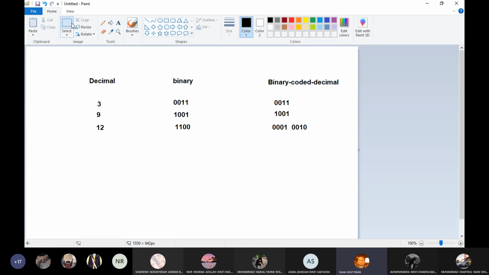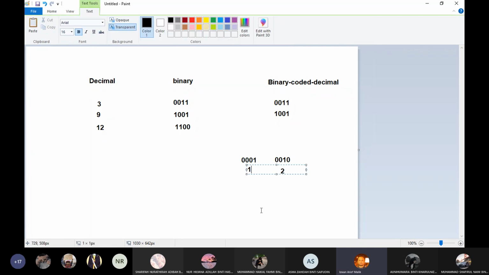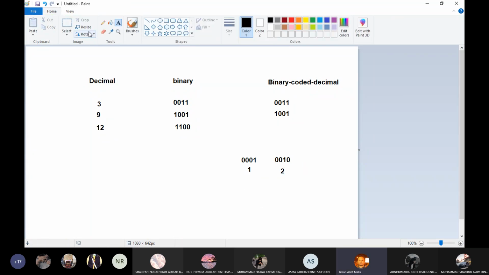So there you group it, this one is the first 4. And then this will become the second 4. Where in binary 0010 is 2. 0001 is 1. So you still get the number 12.